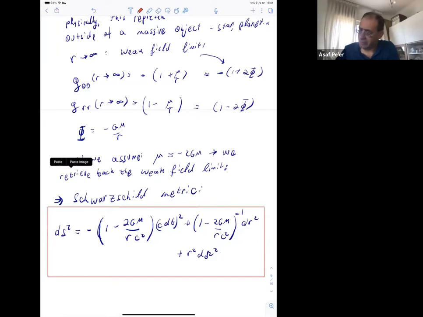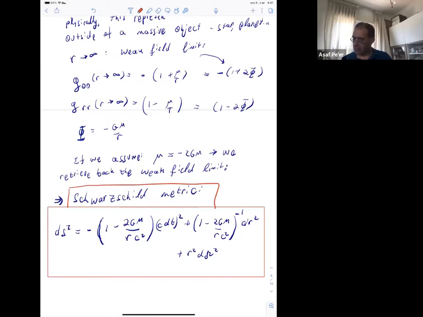Okay, so the Schwarzschild metric is the metric that describes the spherically symmetric vacuum solution to Einstein's equation. Now, M here is just a constant, just a parameter.